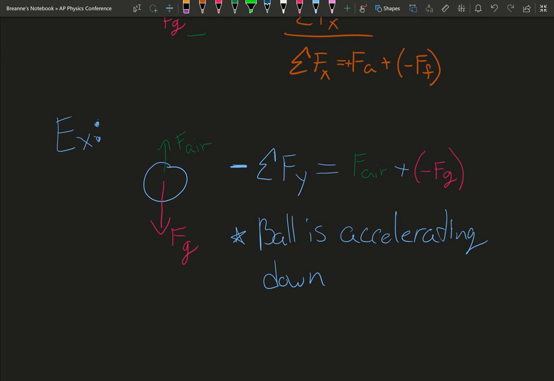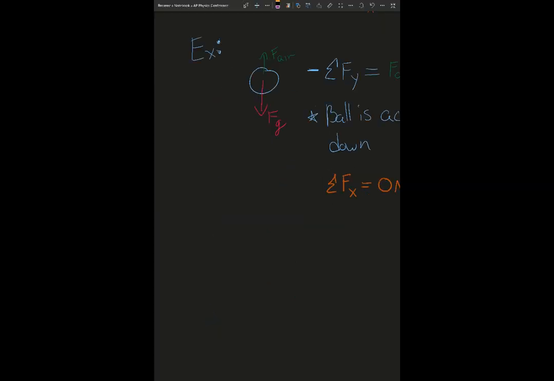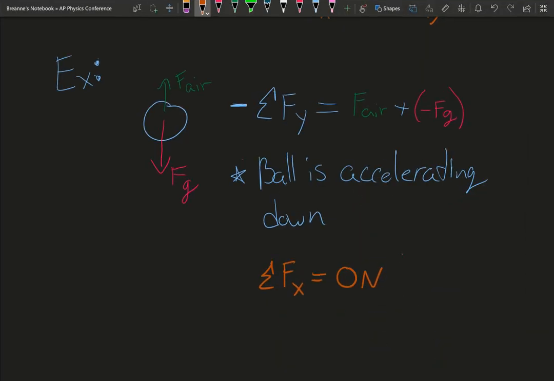Now, in the x direction, so this is in the y direction. In the x direction, we know that our net force in the x direction is equal to 0, because there's no forces in the x direction. But remember, we have two options when there's no forces.